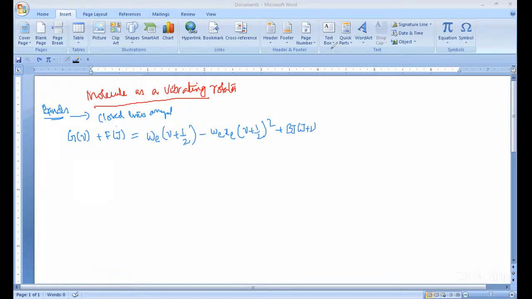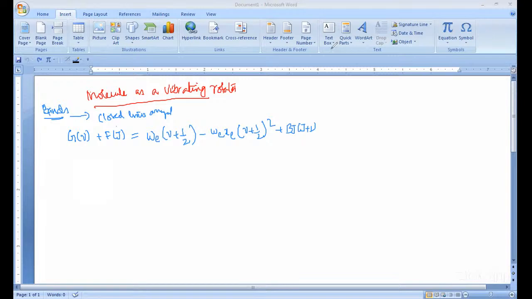So that will be equal to omega E into nu plus half minus omega E x E into nu plus half whole square plus B into J into J plus 1.